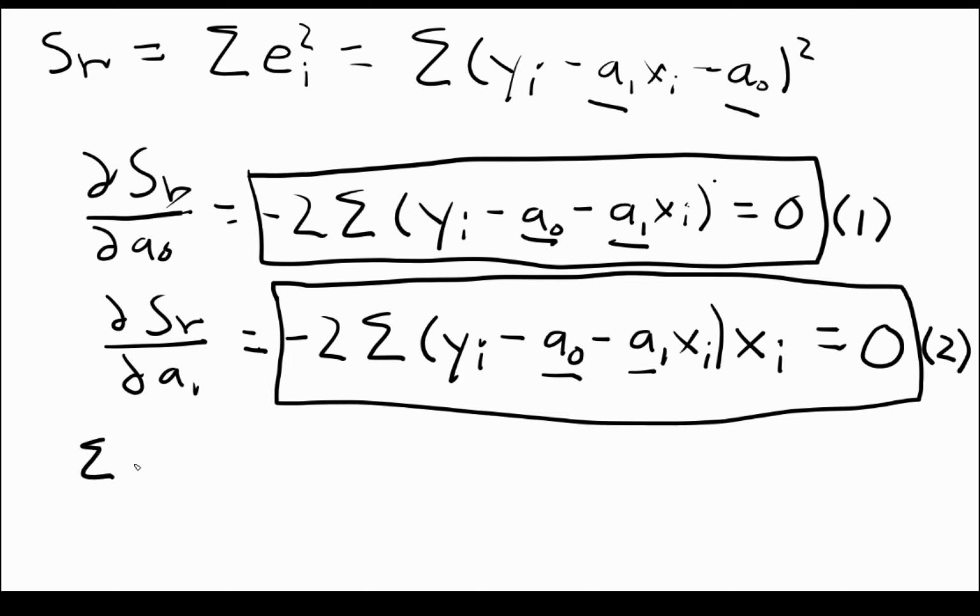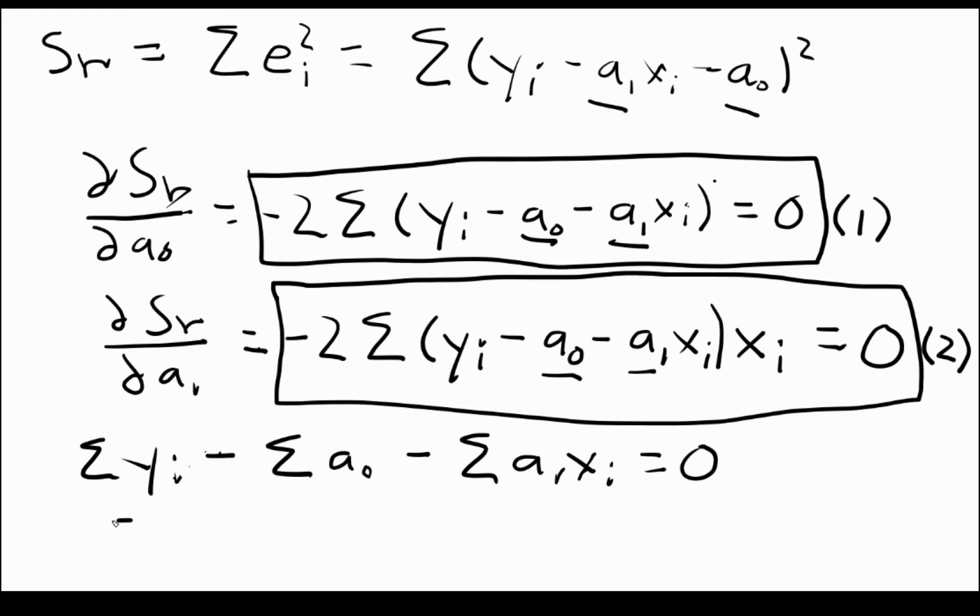we get the sum over all y minus the sum over a0 minus the sum over a1x equals 0.